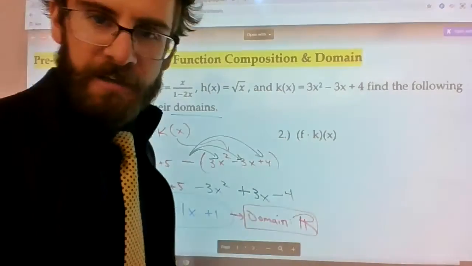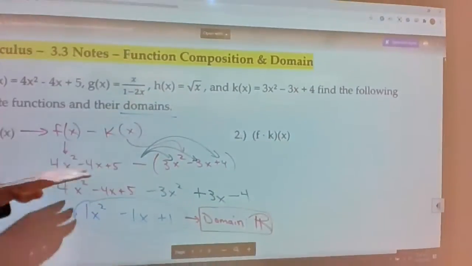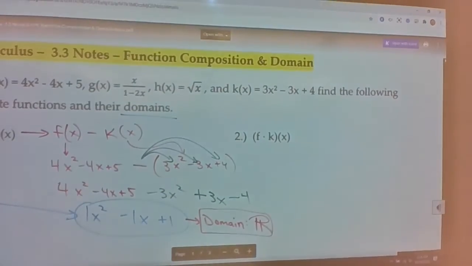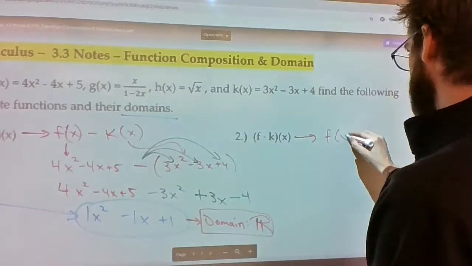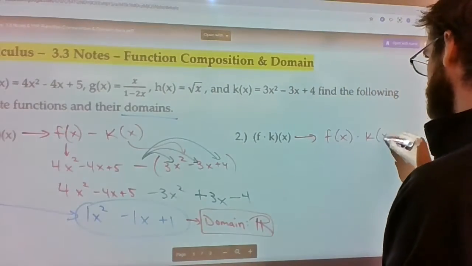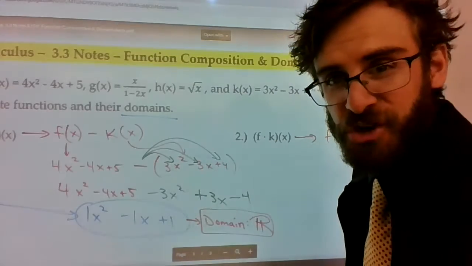F dot k of x just means multiply the two. So the first one, we just subtracted the two polynomials. F of x times k of x. In this case, we have to actually multiply these monstrosities.